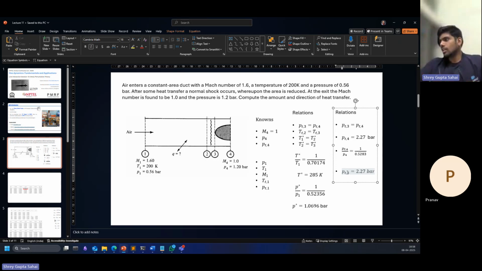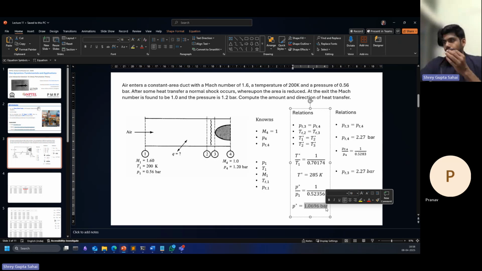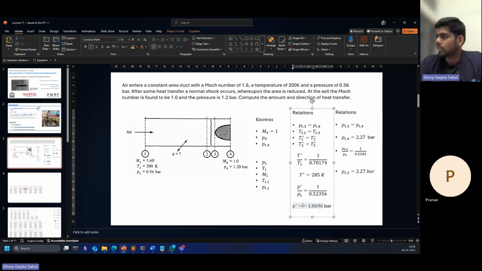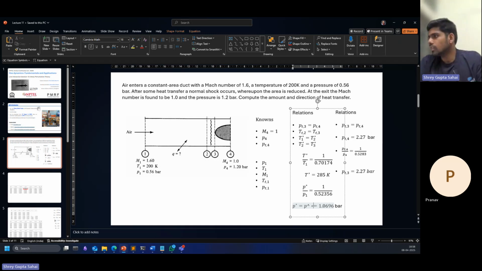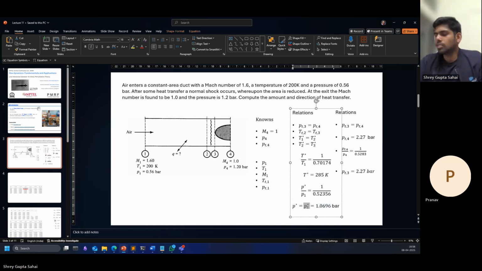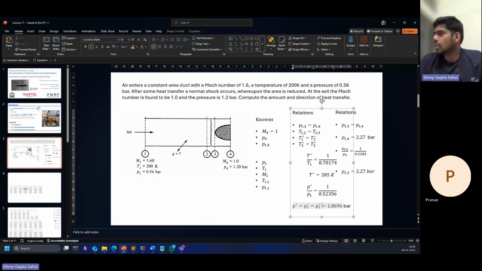Now that I know a total pressure quantity behind the shock, and I know a star quantity, the star static pressure, behind the shock as well. Yes, so P star of 3 is also this. This will be equal to P star of 1, because they are all along the same Rayleigh curve.